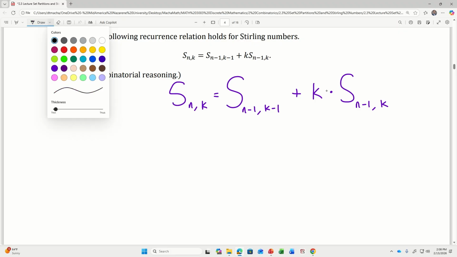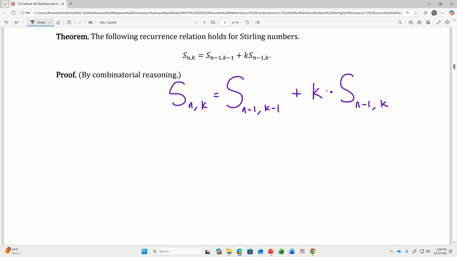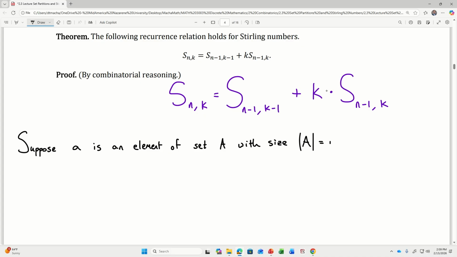So let's reason about this using our combinatoric skills. We're going to say, suppose a is an element of set A, and set A has a size n.